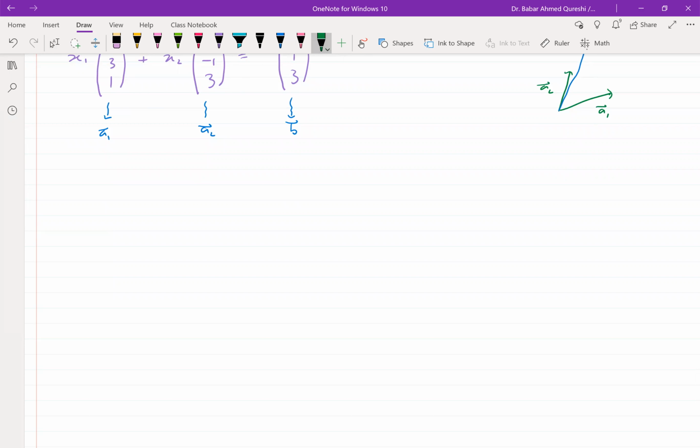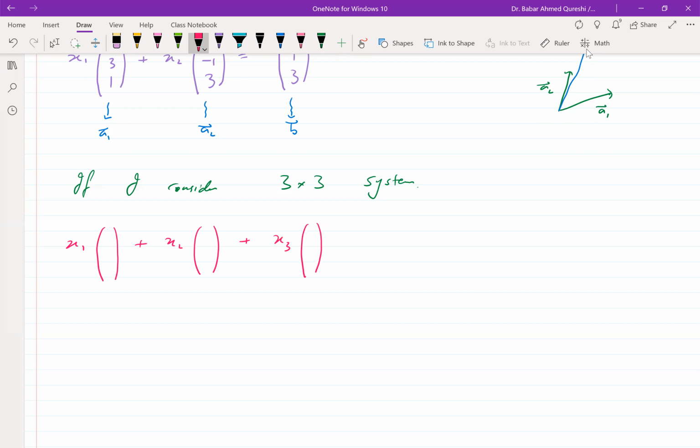But for another example, if I consider a 3 by 3 system, then I will have x1 times some column plus x2 times another column, and so on. Now I have 3 column vectors and 3 unknowns, because it's 3 by 3, and I'm making a 3-component vector.